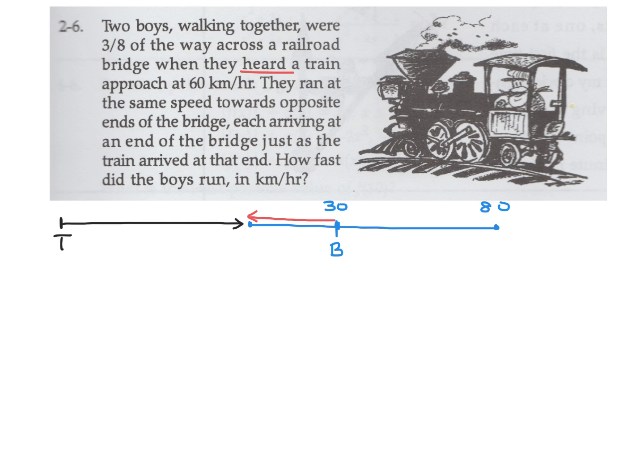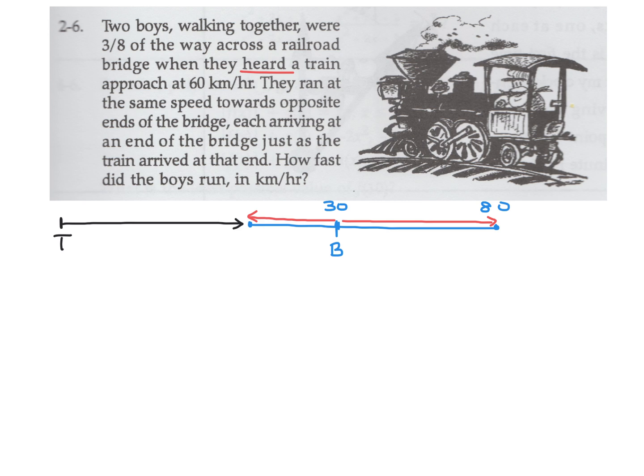And I assume that he can just step off and avoid being hit. The other boy decides to go the other direction and ends up at the other end of the bridge. And when he does, the train then reaches that end at the same time. Same story, he's able to step off the bridge and avoid being hit by the train.